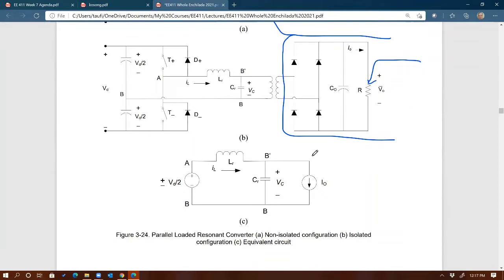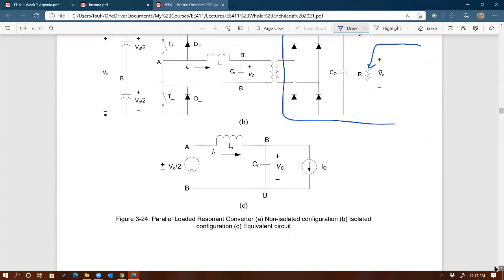That's the only time when the state of the circuit is not resonating. But the rest of the states of the circuits are all resonant circuits, right? CCM1, CCM2, all the states are resonant circuits in the series loaded resonant, right? But here in parallel loaded resonant, the states of the circuits may not be resonant circuits, right?